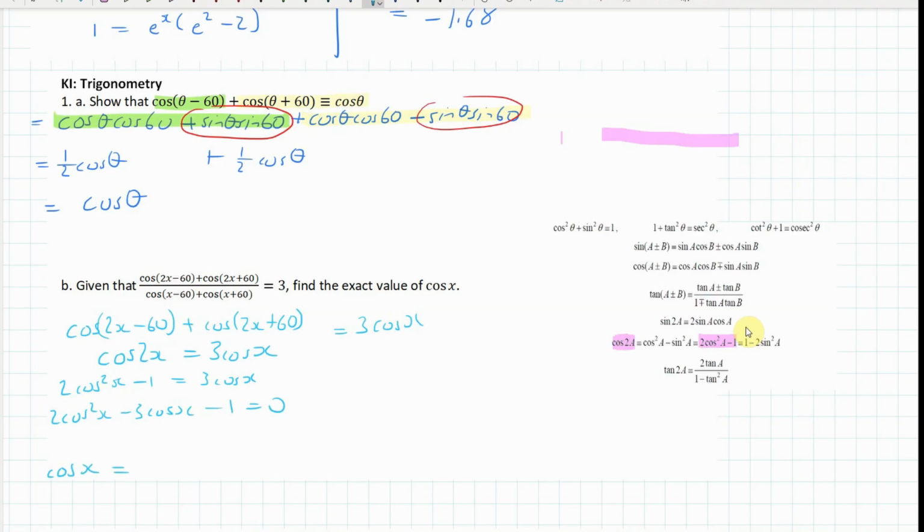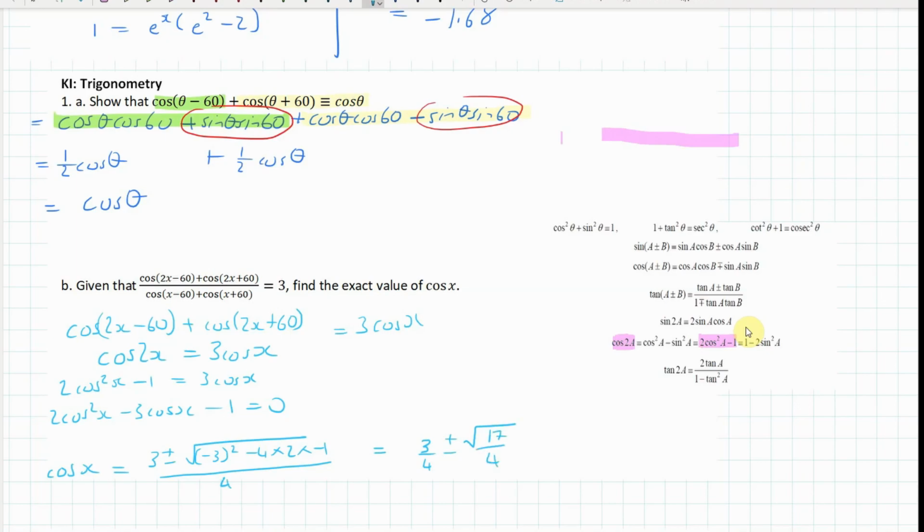So cosine x equals minus minus 3, or positive 3, plus or minus the square root of b squared, minus 4 times a, which is 2, times c, which is negative 1, all over 2 times a, which is 2 times 2, which is 4. And this will give us 3/4 plus or minus, working out under the square root, 9 plus 8, which is 17, also over 4.